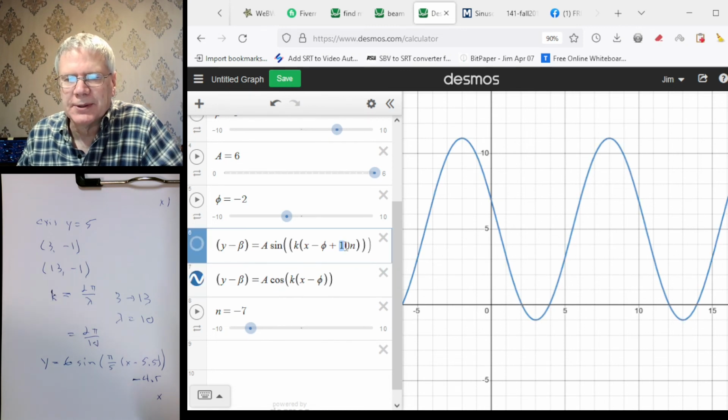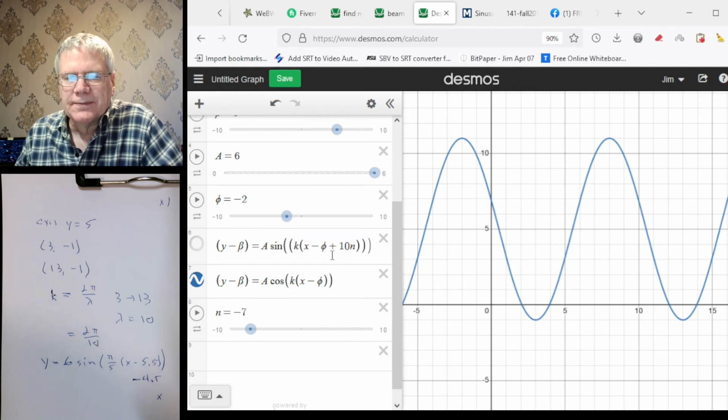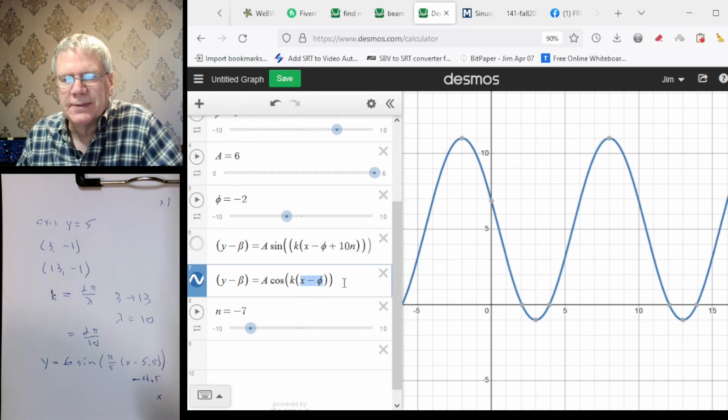Usually we don't add multiples of a wavelength like 10n. We don't usually do that. That's a factor later in some complex problems that are advanced. So usually we just stick to the phase shift. It will be between pi and minus pi, or between 0 and 2 pi.